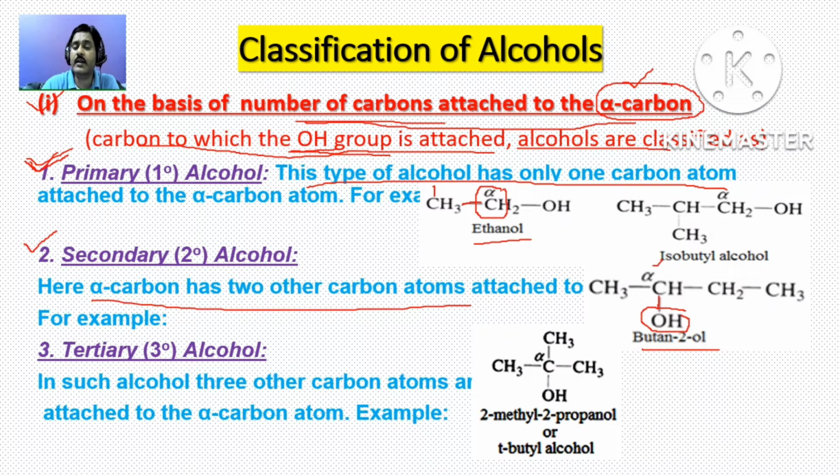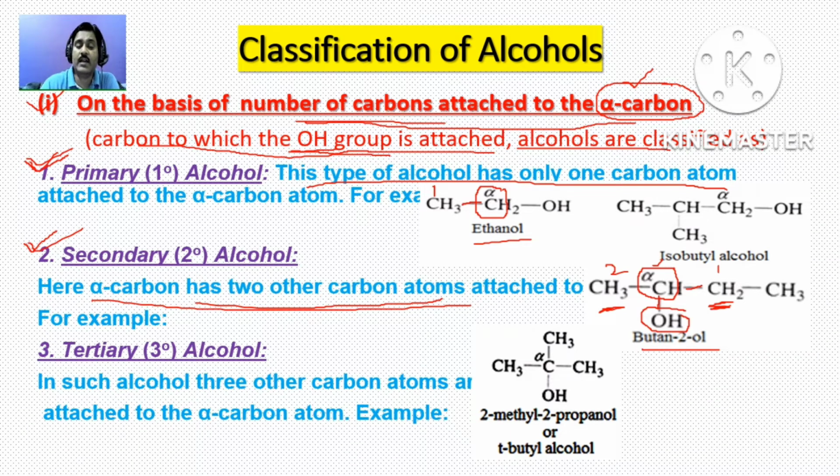Here the alpha carbon atom is attached to carbon number 1 and carbon number 2. If the alpha carbon atom is attached to two carbon atoms, that is called a secondary alcohol, or second degree alcohol.